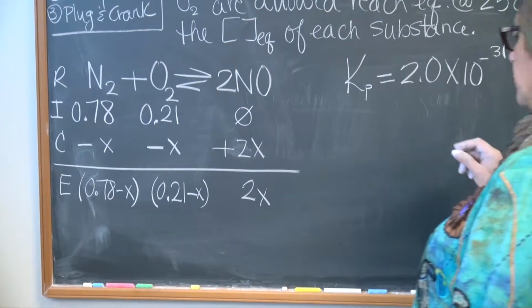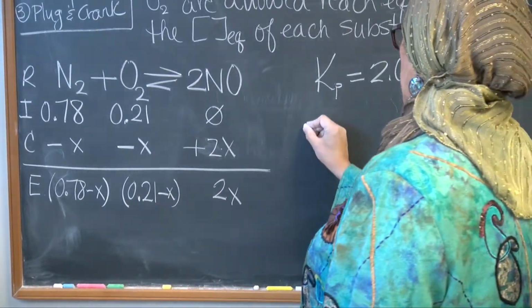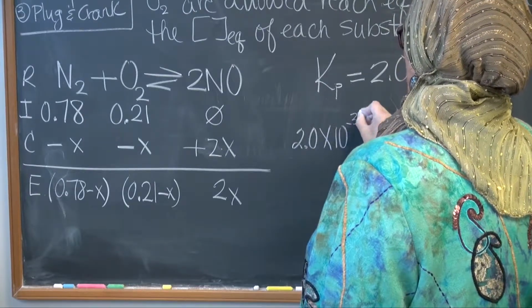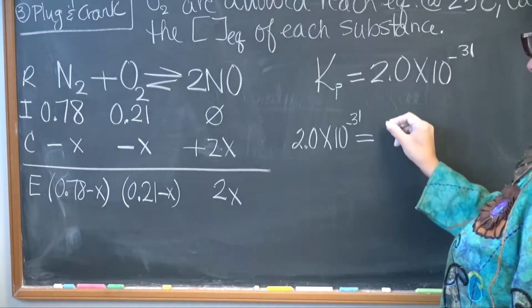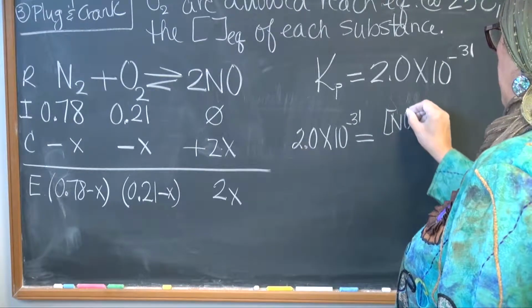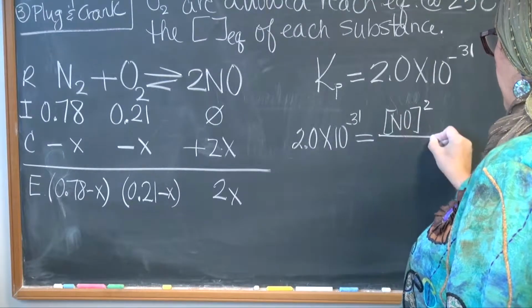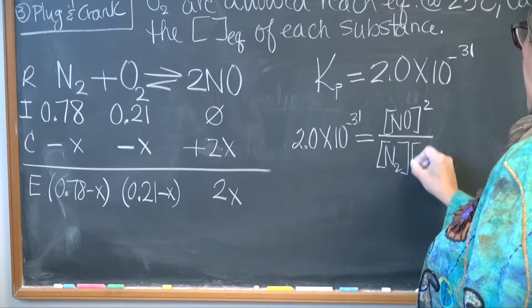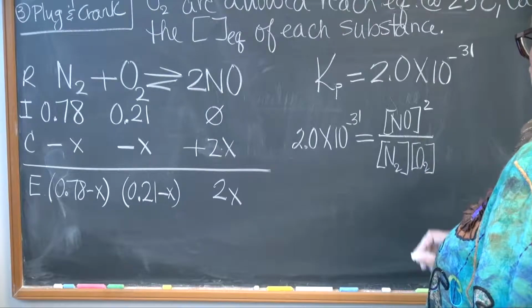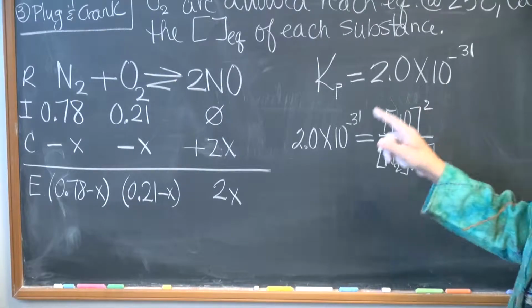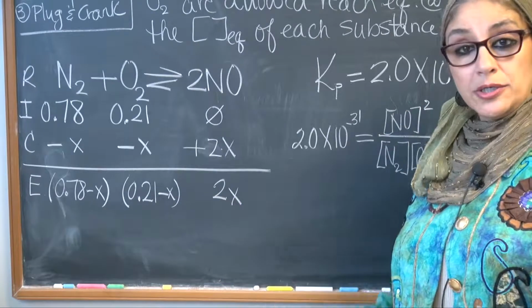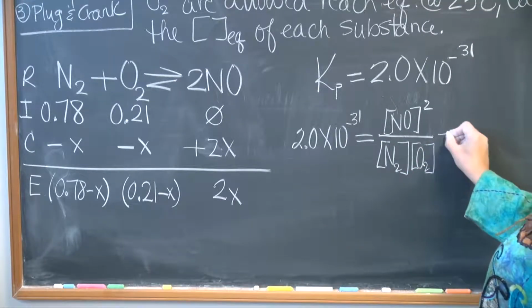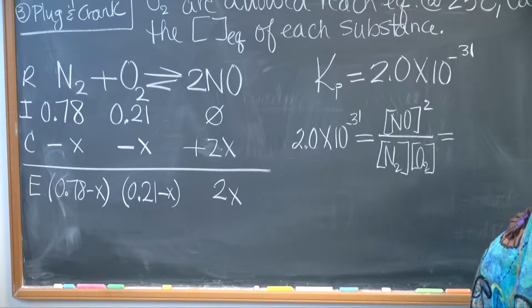Let's set up our equilibrium constant expression, and I'll just write the value, 2.0 times 10 to the negative 31, is equal to concentration of products, which is nitrogen monoxide squared, divided by reactants, nitrogen and oxygen. Now that we have the expression, we will plug in our equilibrium concentrations and determine our unknown, which is x.